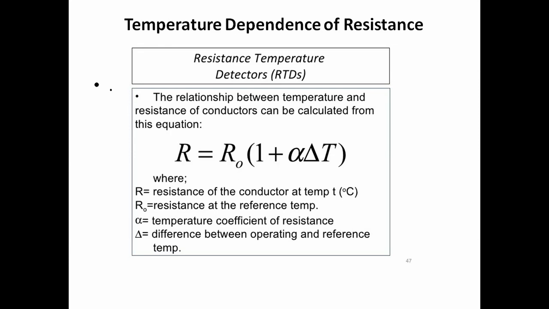Now what is alpha? Alpha is defined as the change in resistance per unit original resistance per unit change in temperature, and it is called the temperature coefficient of resistance. So the resistance of a conductor will change depending upon the value of alpha.